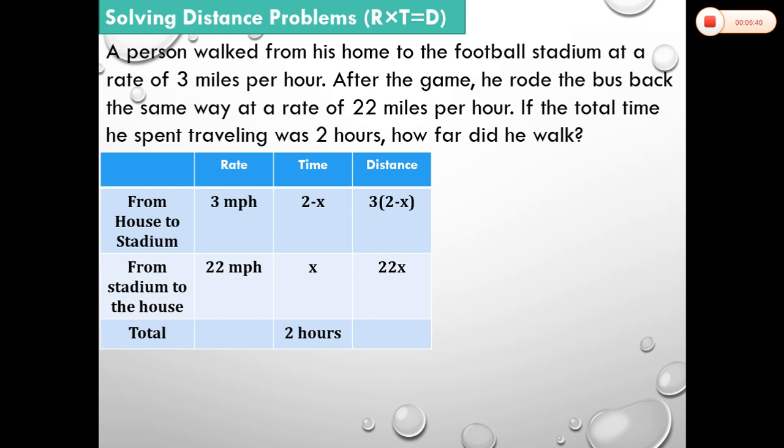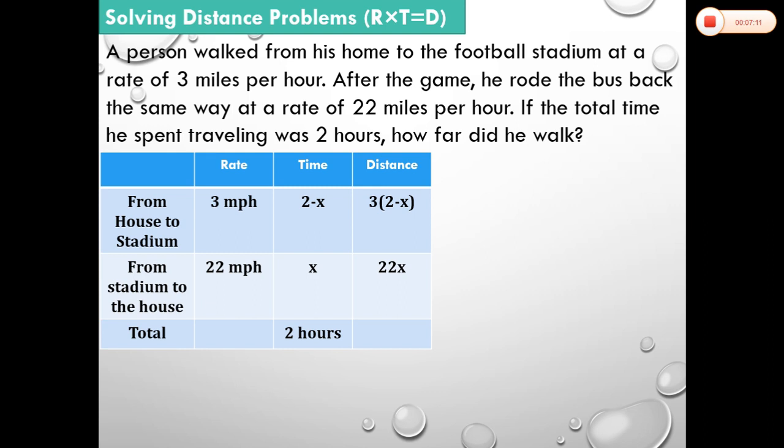From his house to the stadium, the rate of travel is 3 miles per hour. And the time spent traveling is 2 hours minus x, because we represented x to be the time spent traveling from the stadium to the house. With a total of 2 hours, that will be 2 minus x spent from house to stadium.